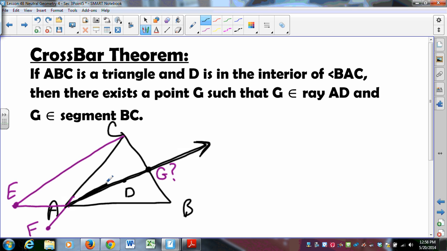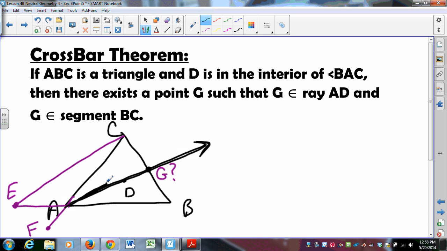It is known to intersect segment EB. And so we know by Pasch that it either has to hit EC or it has to hit CB. That's Pasch's axiom. I've got a line, it hits one side of a triangle, it's got to hit one of the other two.